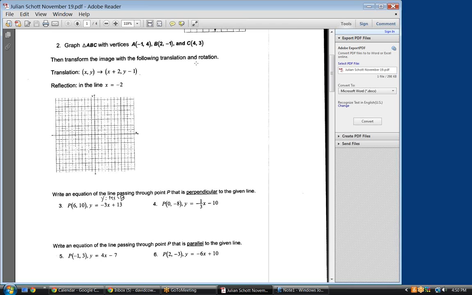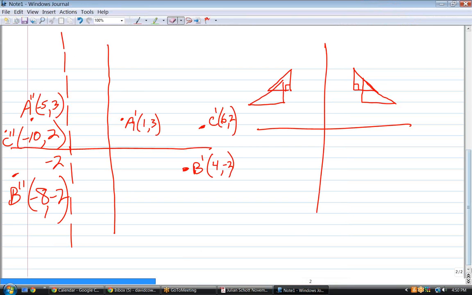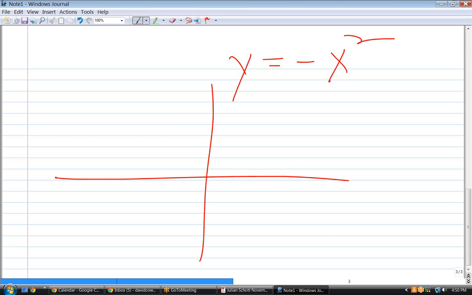Well, I know that when you are dealing with functions, hold on a minute. In other words, if I say y equals minus x squared, that is a reflection over the x-axis.